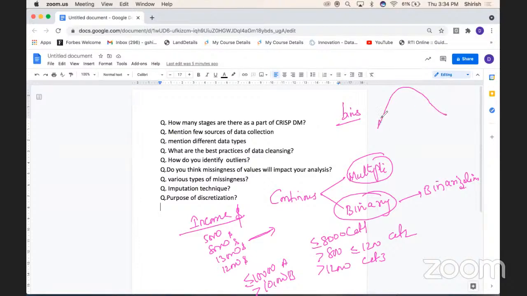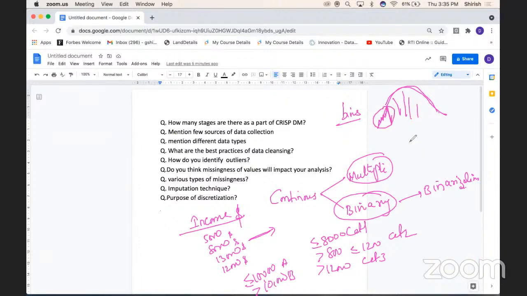There would be some kind of noise generated in bins when you try to get bins here. The small fluctuations are what you call noise. When you do this, noise should be reduced.